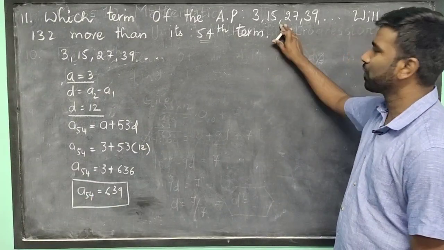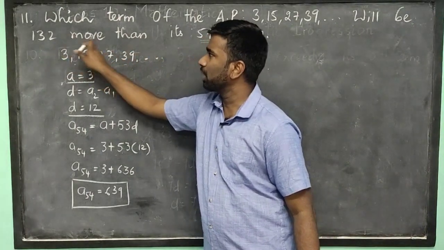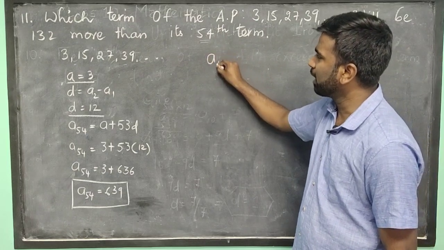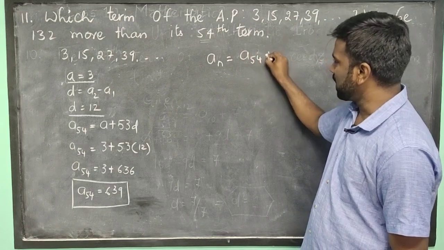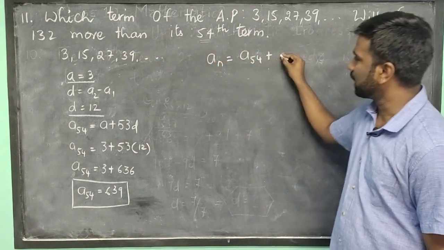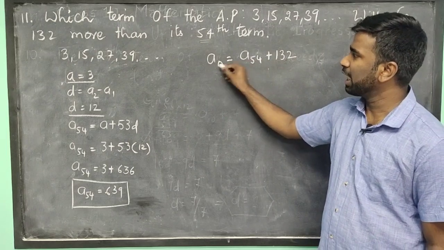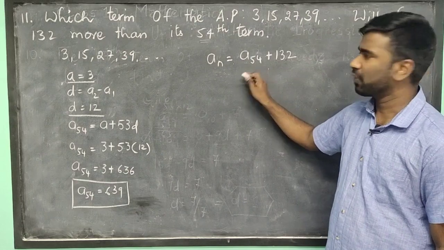Students, we need to find out the value of n such that the nth term will be 132 more than its 54th term. Therefore, an equals A54 plus 132. The condition says that an equals 132 plus the 54th term.